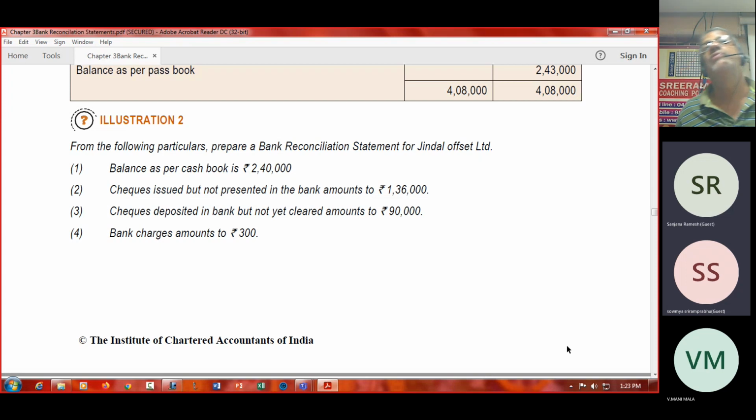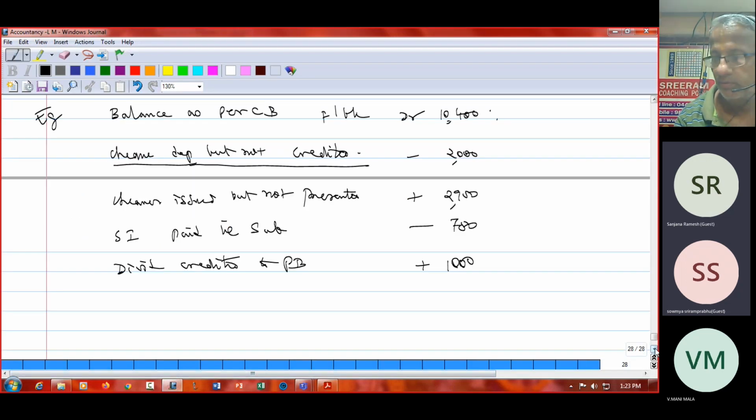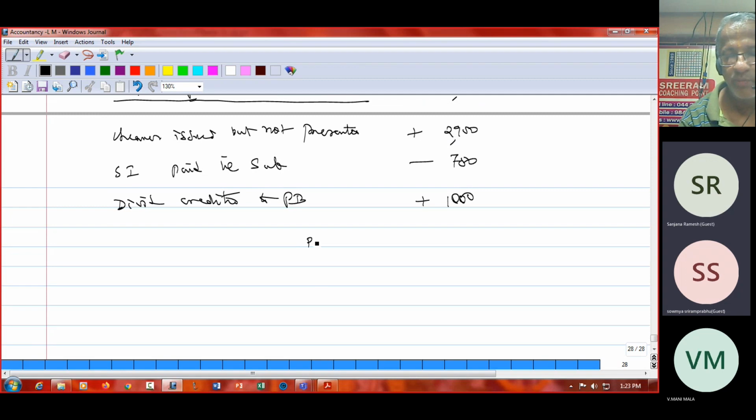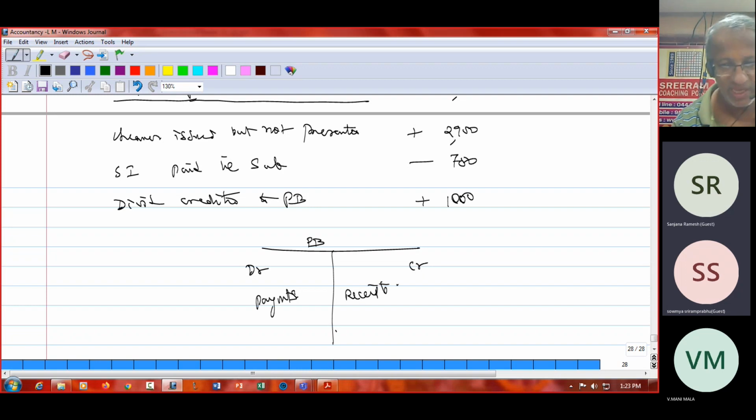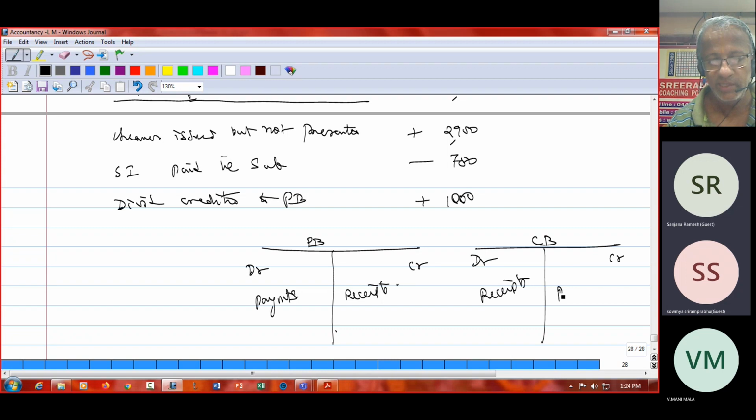That means we are not very clear about the items that will appear in the cash book and the passbook. Are you understanding what I'm telling? In the passbook, on the debit side, all these items are payouts, and on the credit side, these are all receipts. In the cash book, on the debit side, all are receipts, and on the credit side, all are payouts.